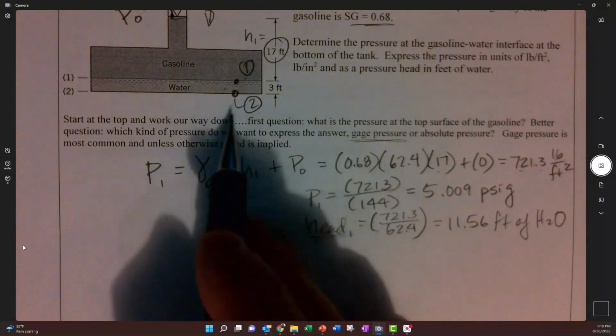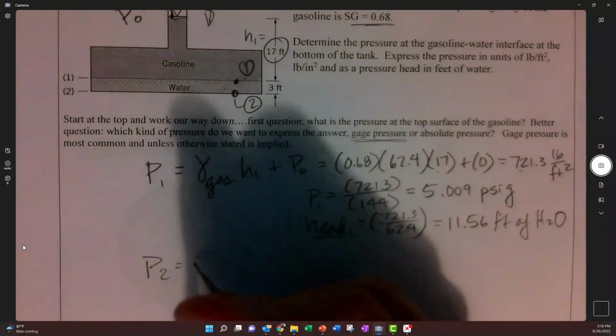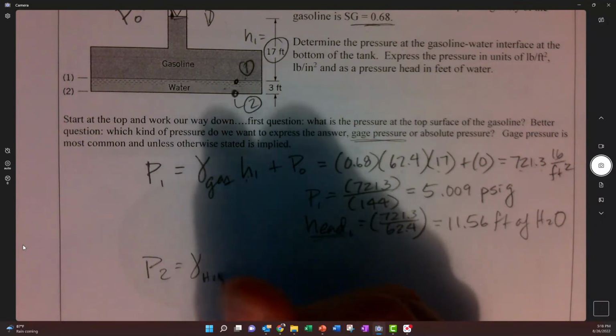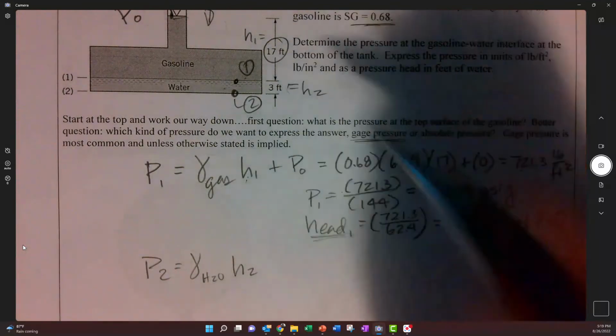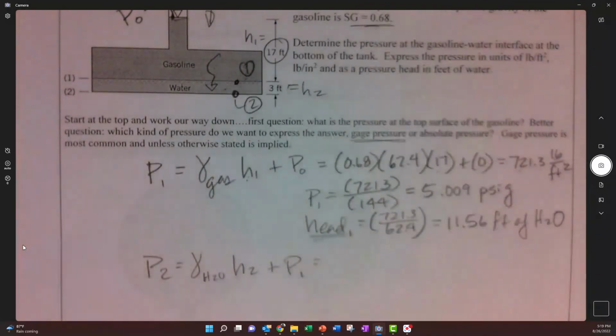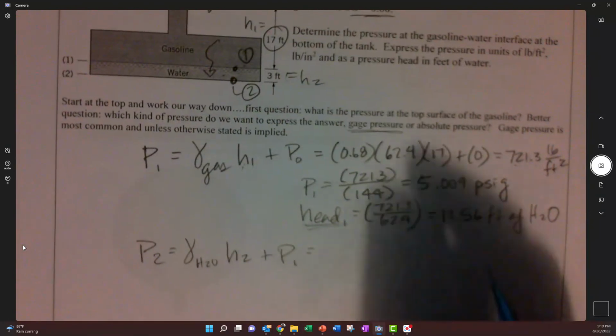And now if we want to get the pressure at 2, we could just say pressure at 2 is equal to, now it's going to be water that's in here. So I'll write the weight density of H2O times H2, which I'm going to call that H2 up above, plus P1, right? So we're swimming downwards still. And we're going to continue to do that in the manometers coming up soon.